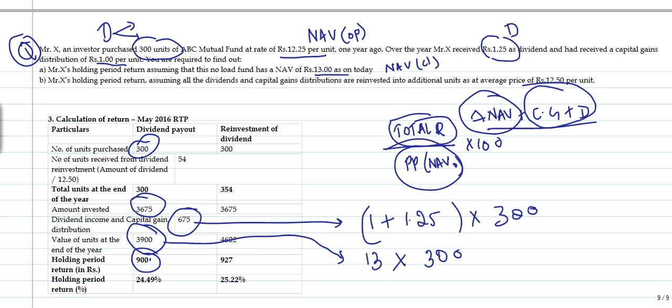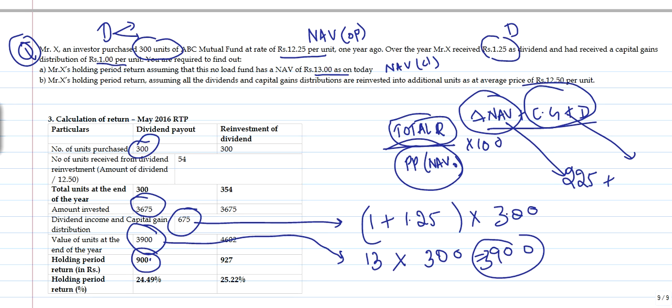So what is the change in NAV? 3900 closing, opening 3675. 3900 minus 3675 is 225, so 225 is the capital gain.